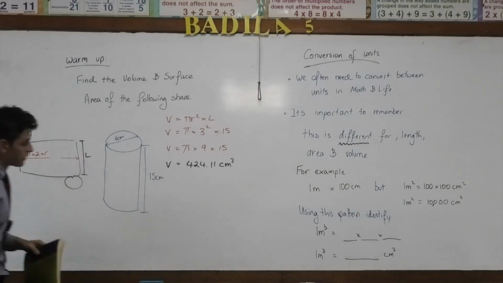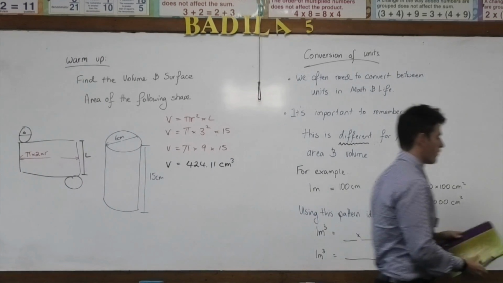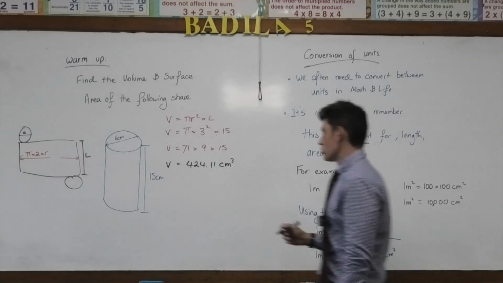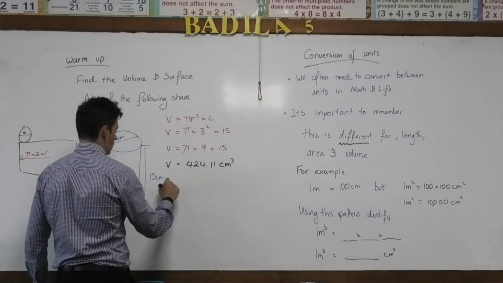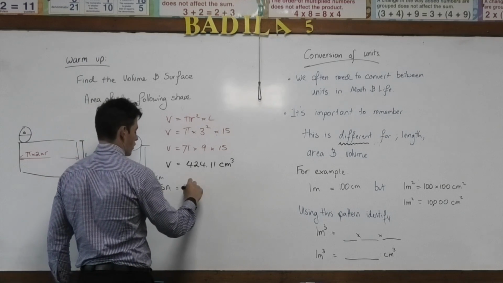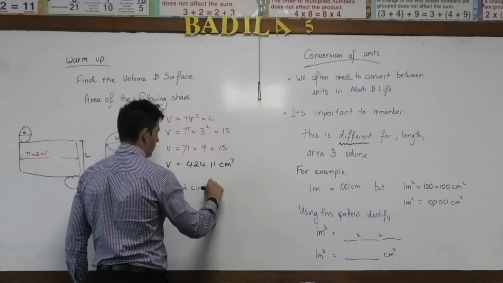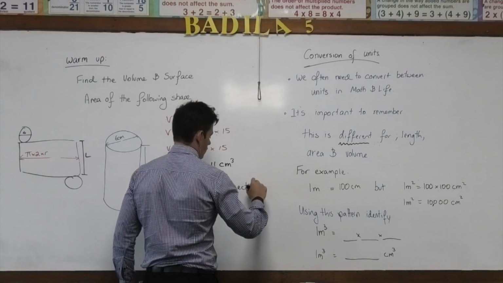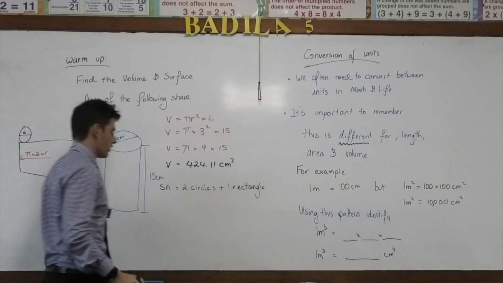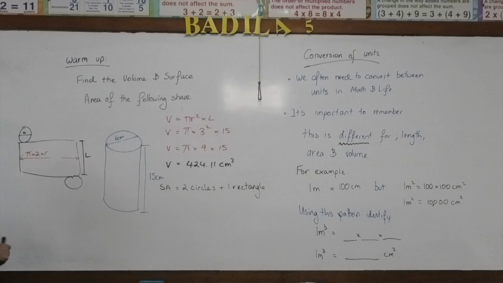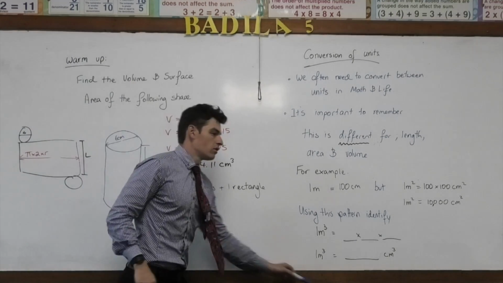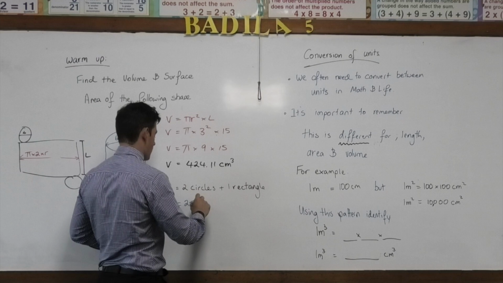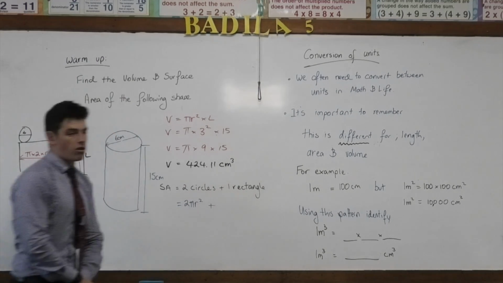So, let's go through the surface area equation. What shapes do I have there? My surface area has 2 circles and 1 rectangle. What's the area equation of a circle again? Pi r squared, and how many have I got? So I should have this equals 2 pi r squared plus my rectangle.